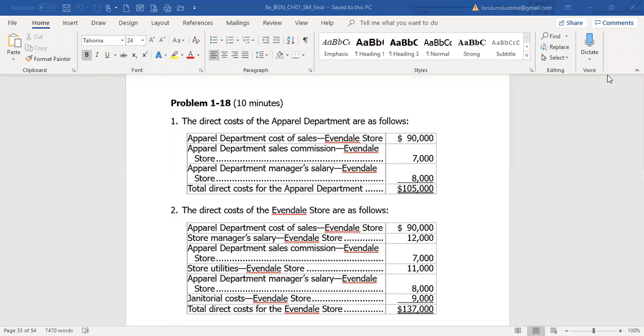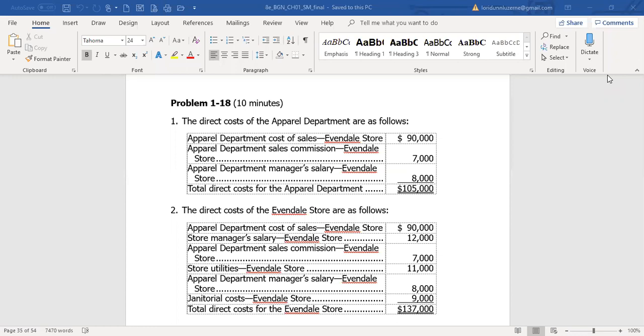Now in the last, what is the total amount of the apparel department's direct costs that are also variable costs with respect to total department sales? So remember, variable costs will increase as sales increase. Fixed costs don't change.